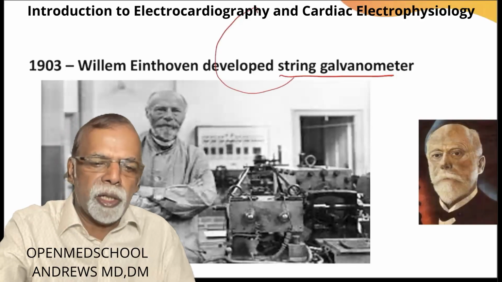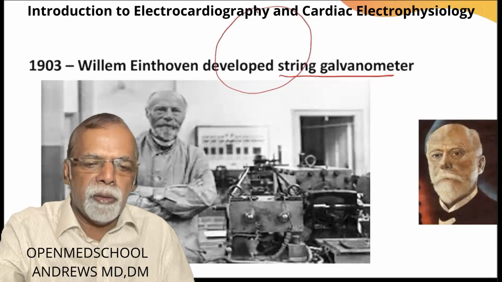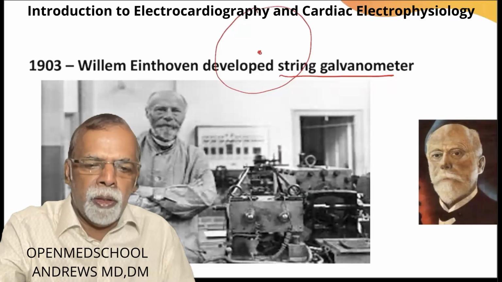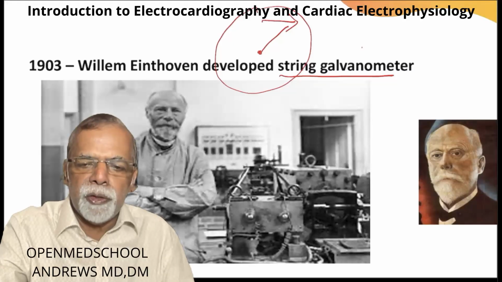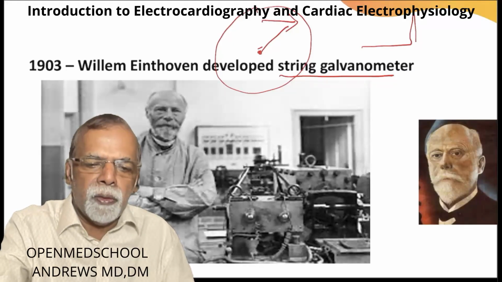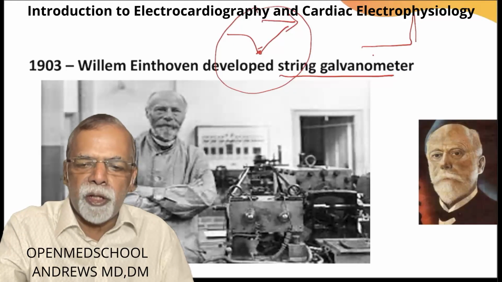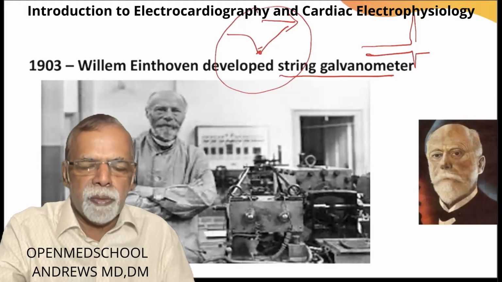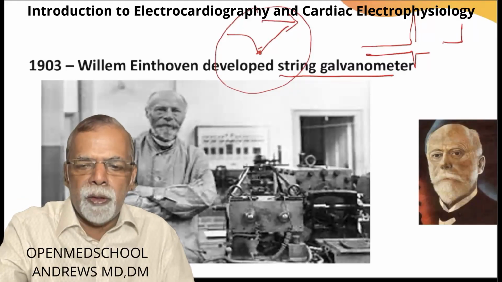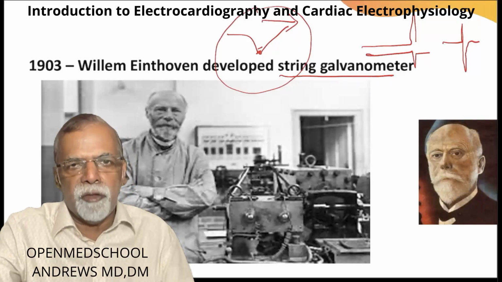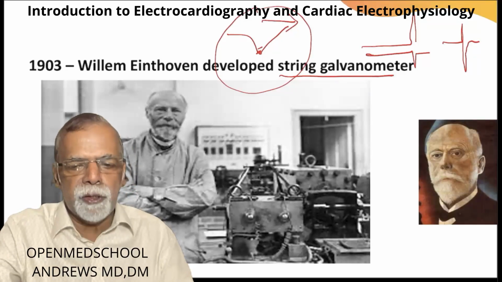So we know in a galvanometer, when the current comes towards the positive pole, it will produce a positive deflection. If the current goes away, this will produce a negative deflection. And if the current is coming vertically, this will produce an equivocal deflection. That is what is happening in ECG.